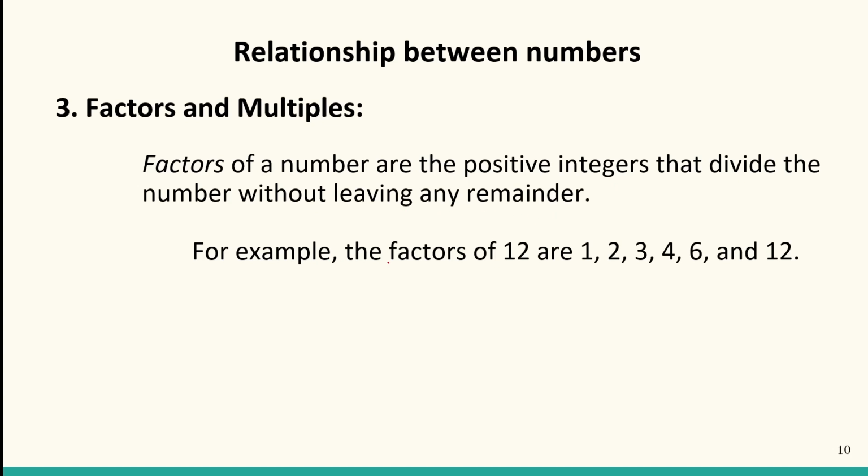For example, the factors of 12: 1 leaves 0 as remainder, 2 leaves 0 as remainder as it is even, and 3 into 4 is equal to 12, that is why 3 and 4 both leave a remainder 0. 6 into 2 is equal to 12, that's why 6 also leaves a remainder of 0. And 12 divides itself, so it also leaves a remainder of 0.